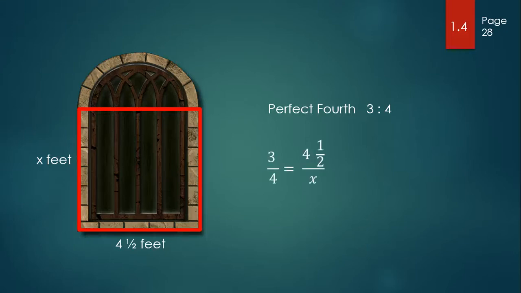So we can write a proportion that says 3 is to 4 as 4.5 is to x. Now if we cross multiply and solve the equation, we'll find out that the value for x that makes the proportion true is 6, which means that the vertical part of the rectangular part of the window needs to be 6 feet tall.